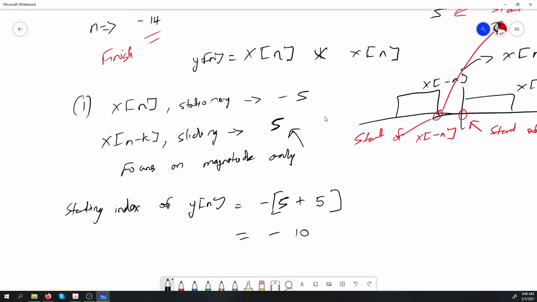So our start point here is going to be at -10. We need to factor back in this minus part because of our start, so that's why we keep the negative value here in particular.